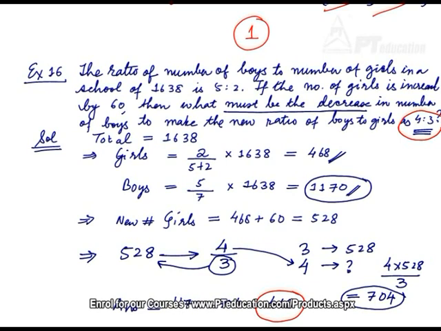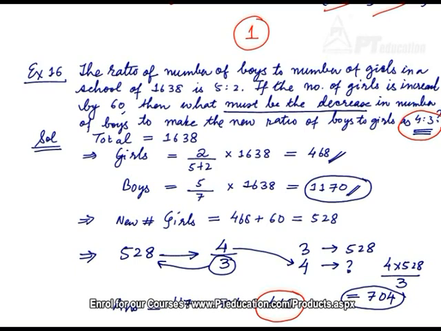4 into 528 divided by 3, which is equal to 704. But originally how many boys were there? 1170. And what is asked in the question? What should be the decrease in the number of boys? And so the answer will be 1170 minus 704, which will be 466.